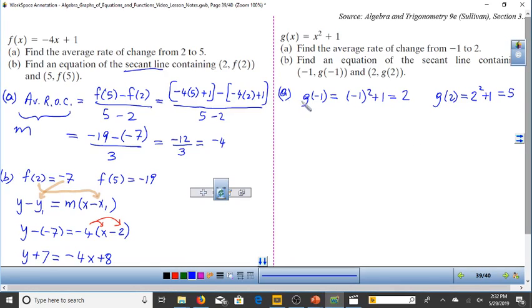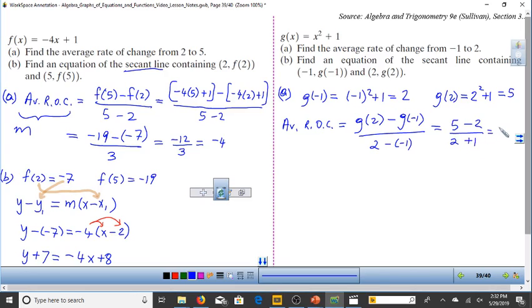And then, to find the average rate of change, I simply do g of 2 minus g of -1 divided by 2 minus -1. That gives me 5 minus 2 over 2 plus 1. We see that's 3 over 3, which is 1. So the average rate of change is 1.